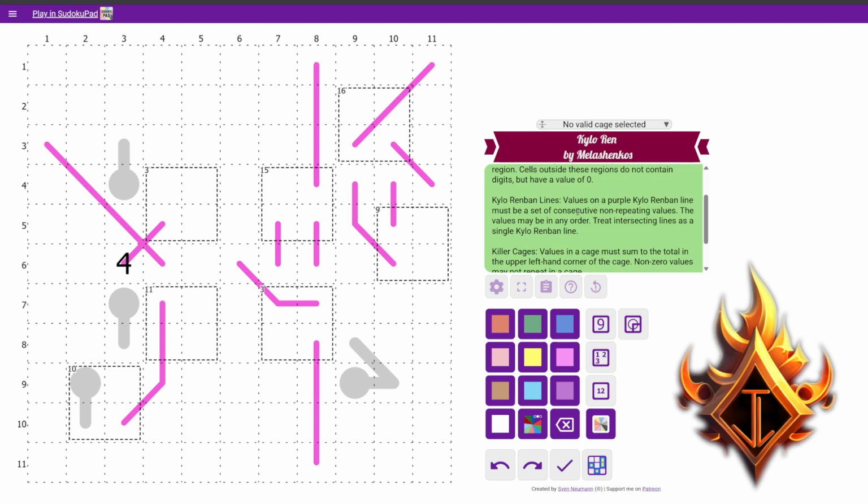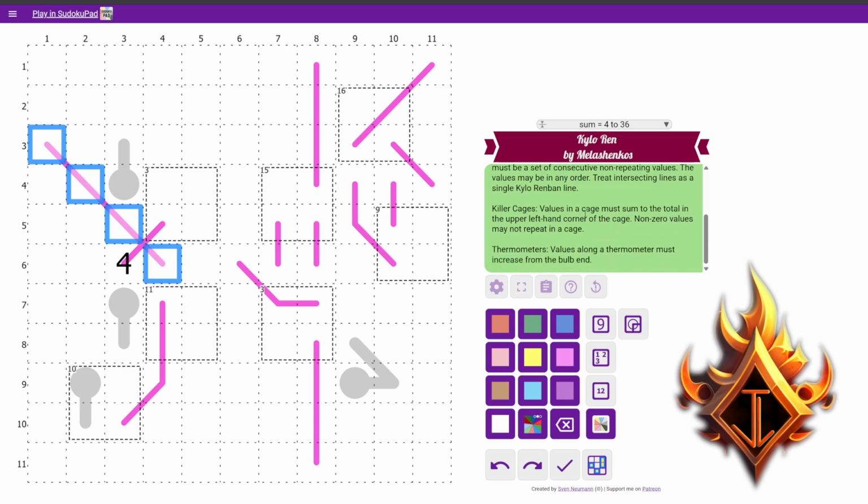So this one is a single Kylo Rinban line. Does that mean this is a line and this is a line? We'll find out.